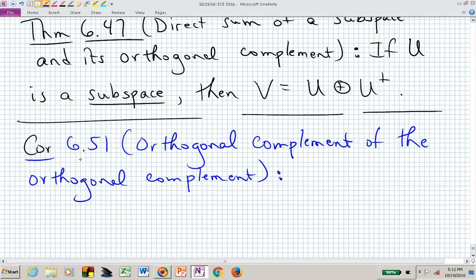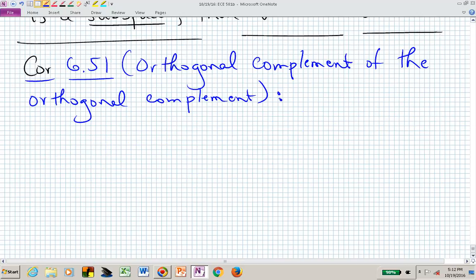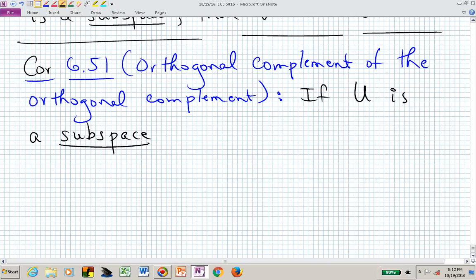Here, if U is a subspace, again, we're qualifying U to be a subspace, then if somebody takes the orthogonal complement, or U perp, and then they take the perp of that, they actually get U the subspace back. U is equal to the orthogonal complement of the orthogonal complement.